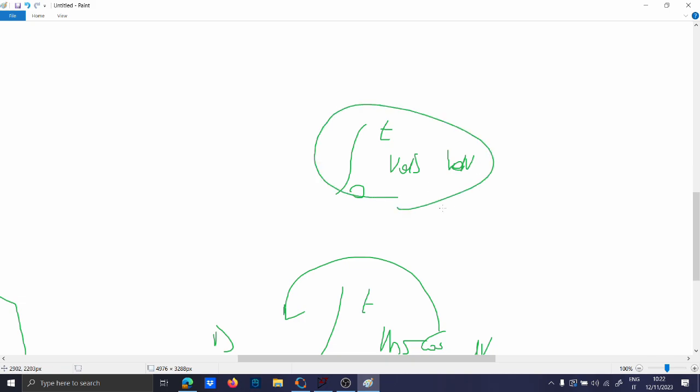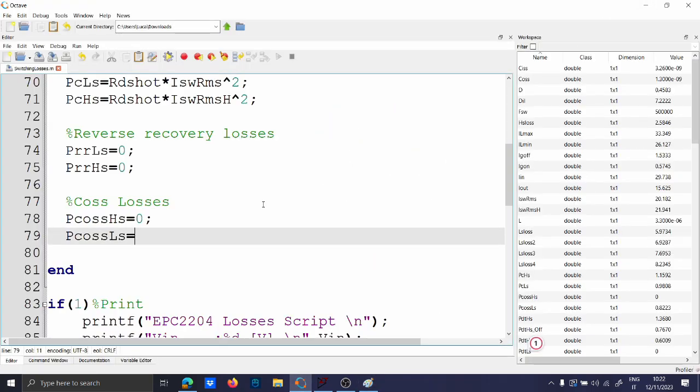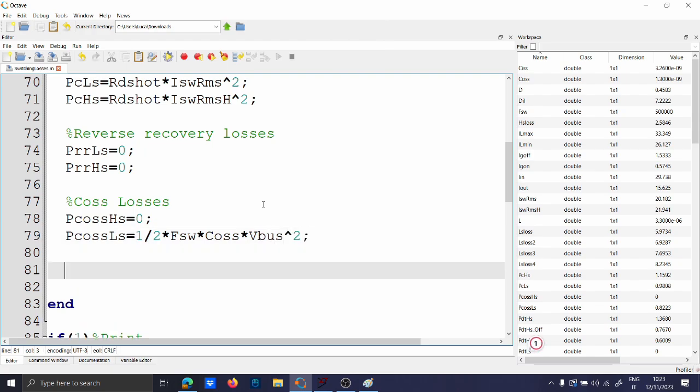How you should calculate this is 1/2 COSS VDS square, basically. And let's insert this. So 1/2, oops, I forgot the switching frequency, times COSS times VBus square, because it is given by the integral.